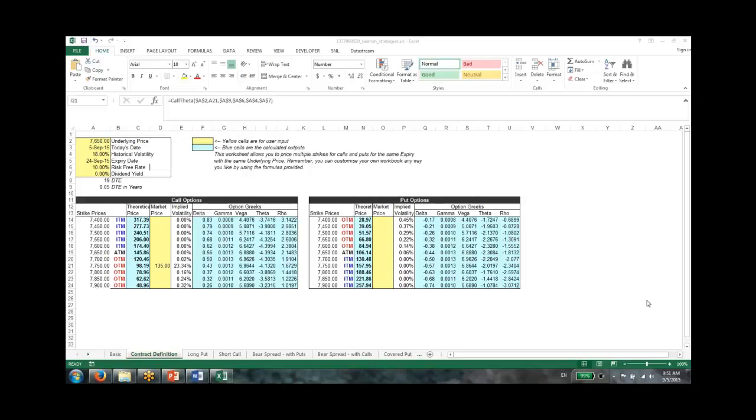Okay, so the best way to do it is that you download the prices of the underlying asset. So for example, if you're looking at Nifty options, you download the historical, say 1 year or 2 year, daily prices of the Nifty, and you calculate their daily returns and calculate the standard deviation of those daily returns.